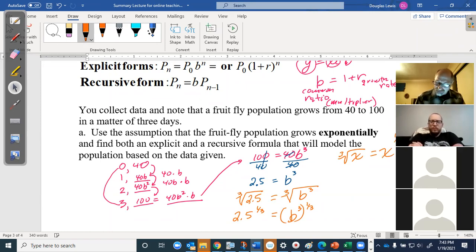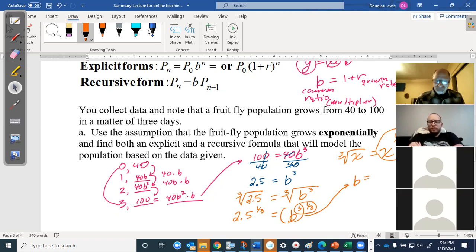This is just another way of writing it. So I want to show you how you do that on your calculator. When you do this, remember when you have a power of a power, you multiply those exponents? So 3 times 1/3 is 1. So this gives us b. This will just be b.